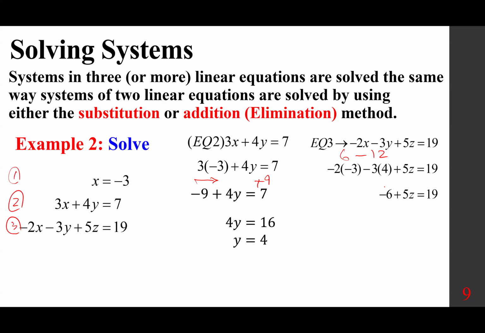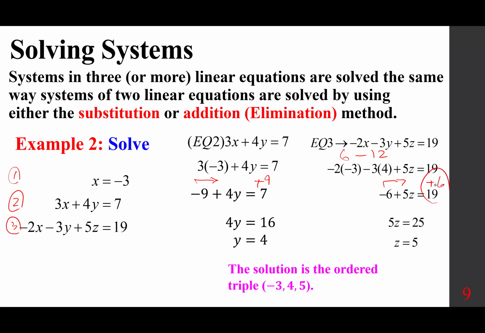Move this with 19 becomes 25. Divide by 5, you get 5. So the solution is as follows. The solution is the ordered triple (-3, 4, 5).